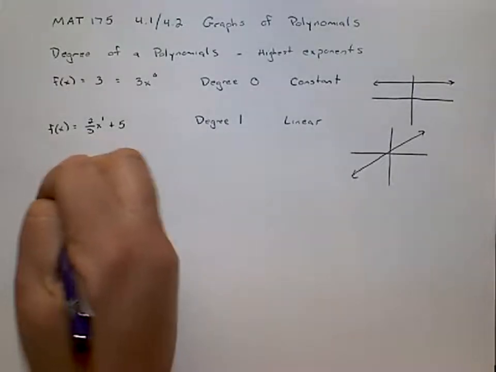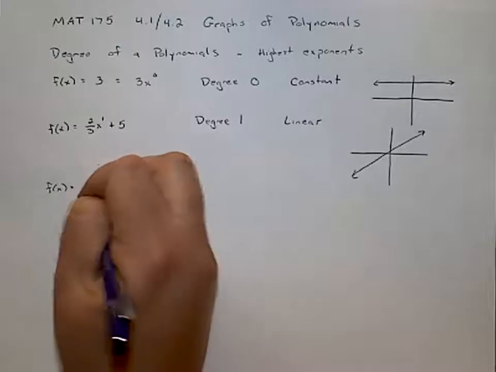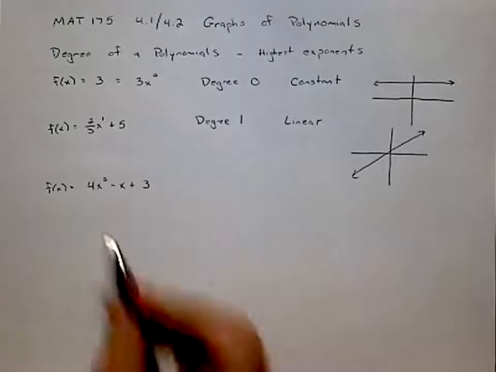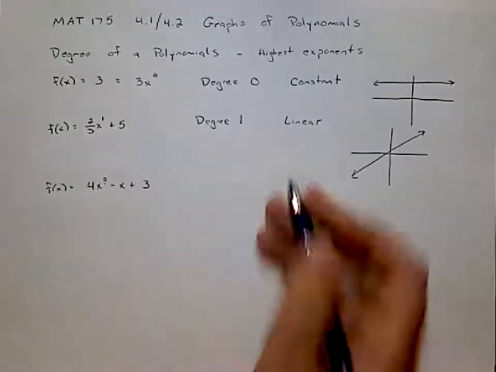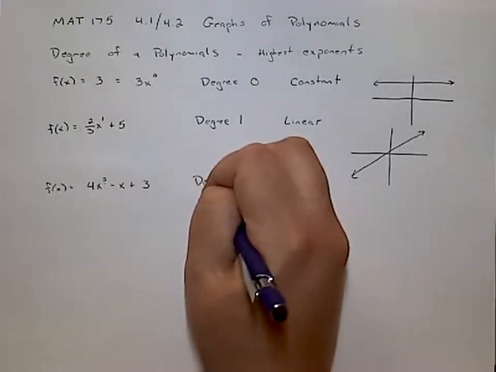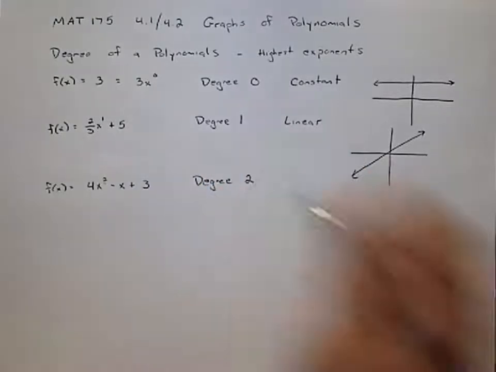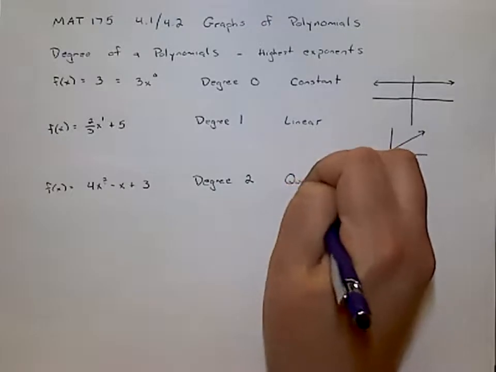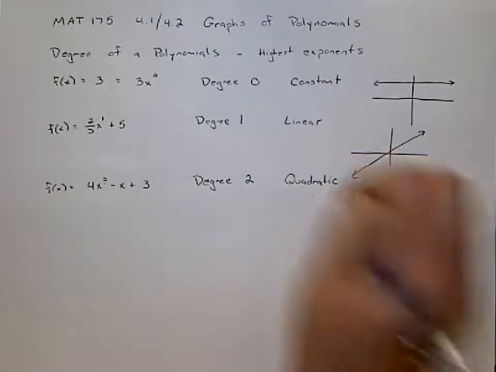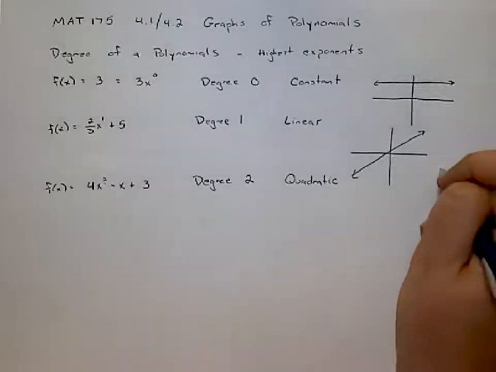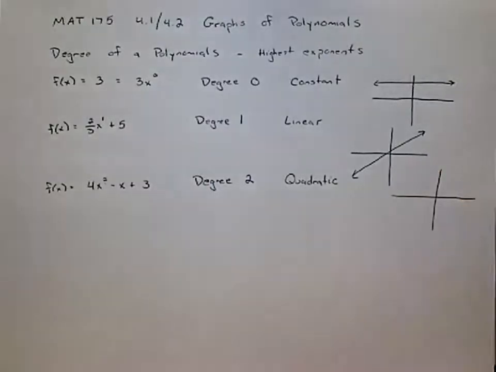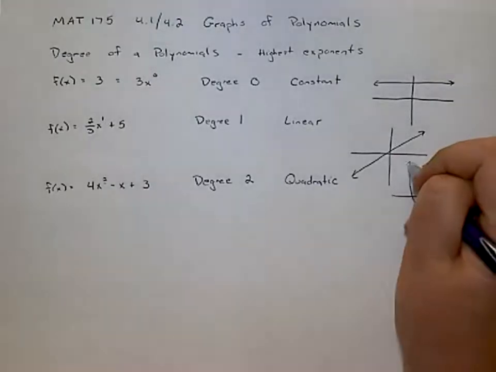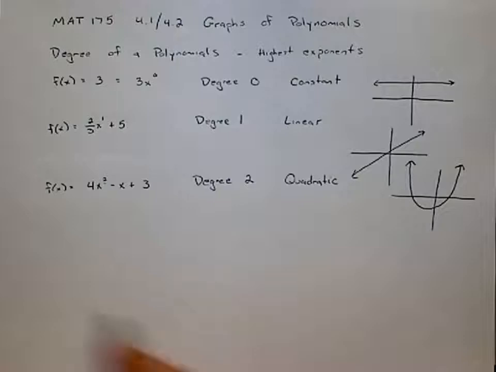Next, we have f of x equals 4x squared minus x plus 3. The highest exponent is 2, so we have a degree of 2. Now, a degree of 2 leads us to a quadratic polynomial. The graph of a quadratic polynomial, we know, is a parabola. Okay.